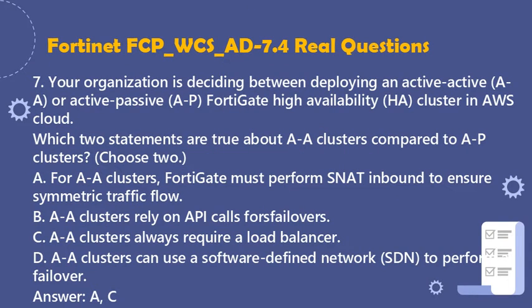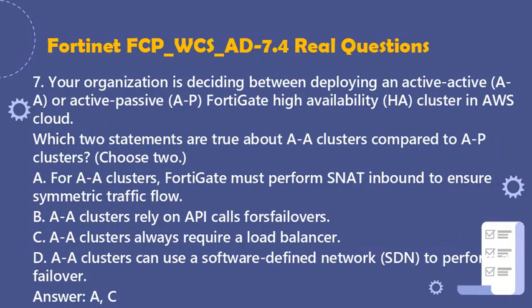7. Your organization is deciding between deploying an active-active, AA, or active-passive, AP, FortiGate High Availability, HA, cluster in AWS Cloud. Which two statements are true about AA clusters compared to AP clusters? Choose 2.